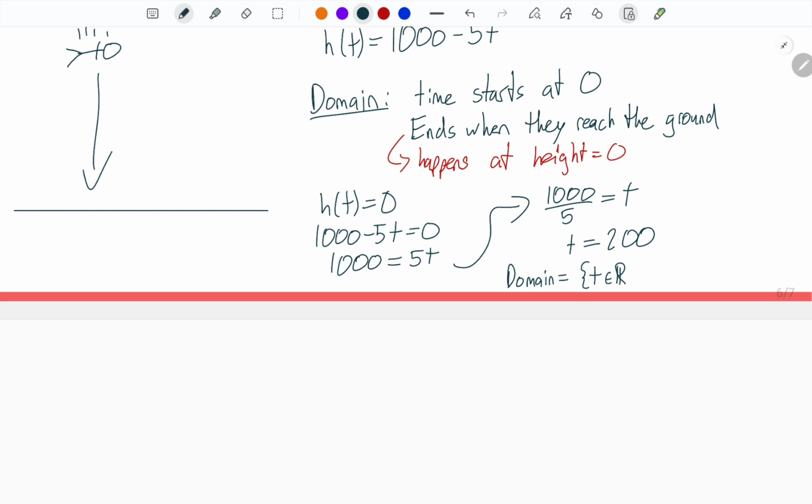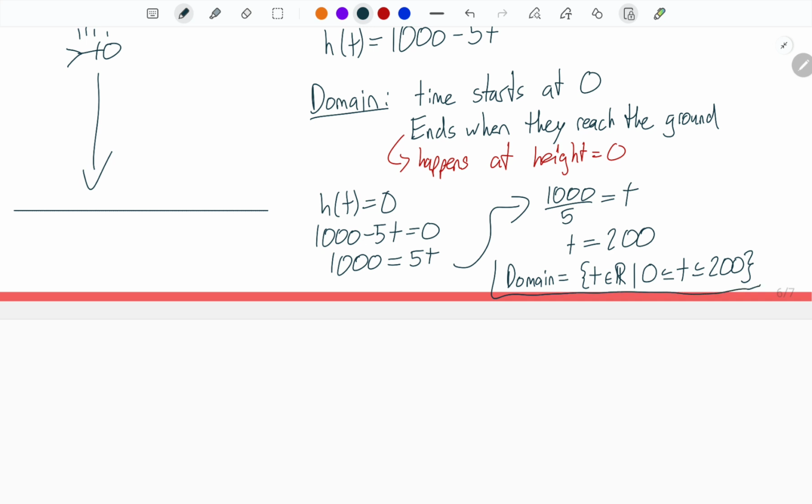Our output is the height. And so we're going to say t is any real number such that, well, we're starting at 0. We could include 0, so I'm going to do less than or equal to. And then we're going all the way up to 200. And we're going to include 200 because that's the exact time she reaches the ground. So it's anything from 0 to 200.